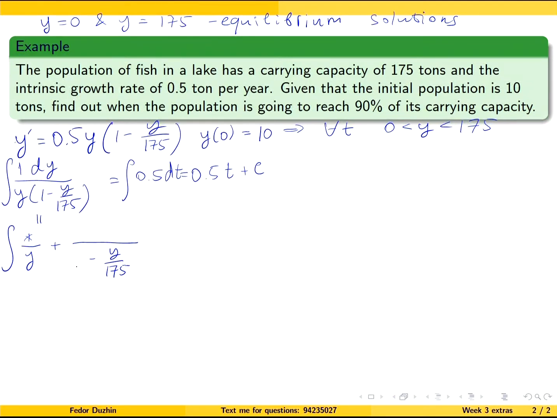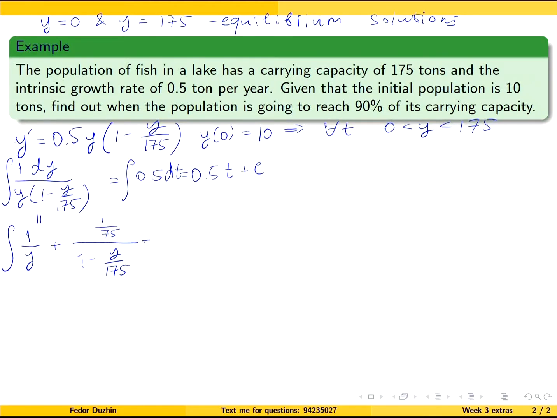But since we have 1 here, I must write 1 here too. Then imagine that after we multiply 1 times 1 minus y over 175, here we're going to have 1 minus 1 over 175, and in order to compensate, I need to multiply by 1 over 175 here. So then I think it's correct. If you just verify my calculation by adding these two fractions, you will see that it is correct.